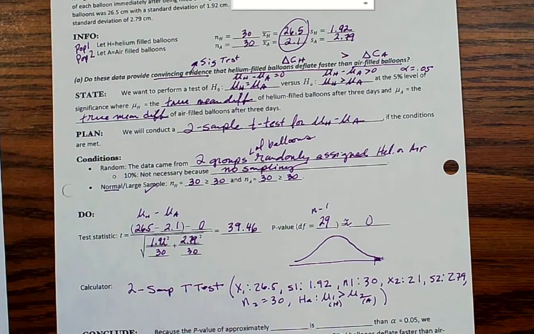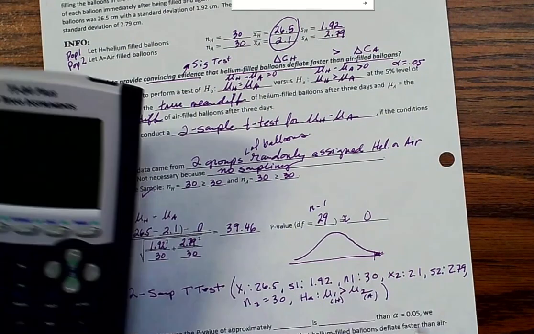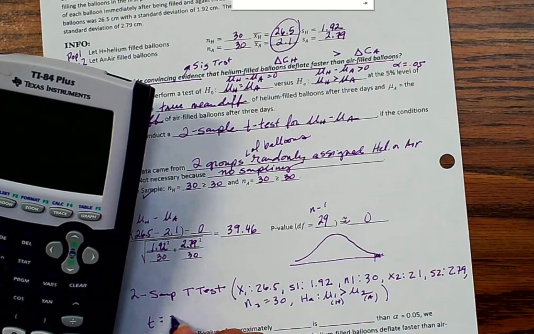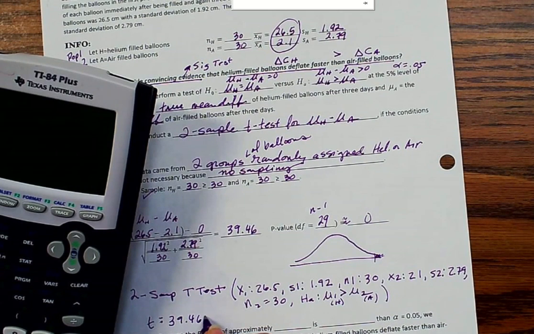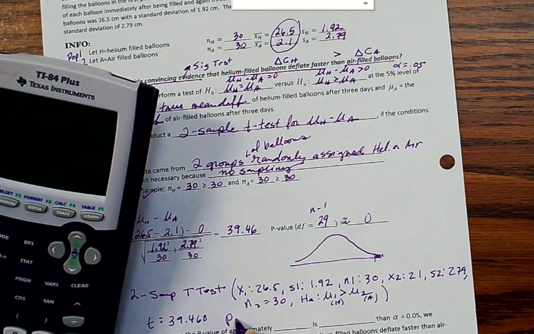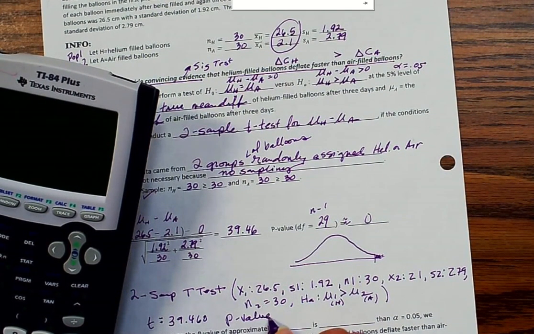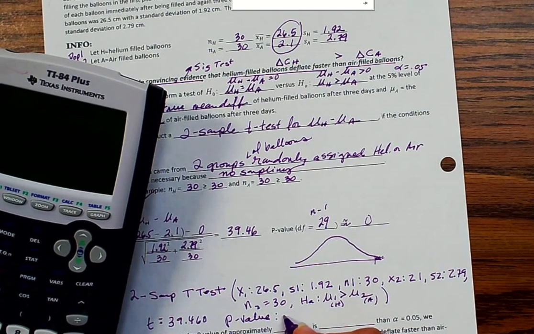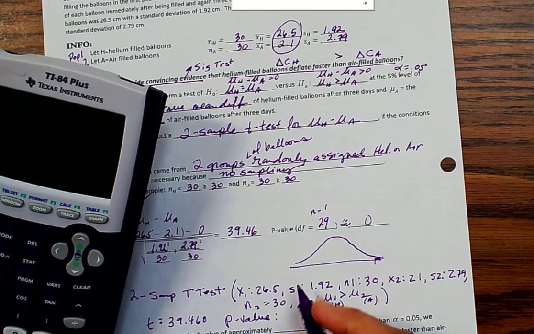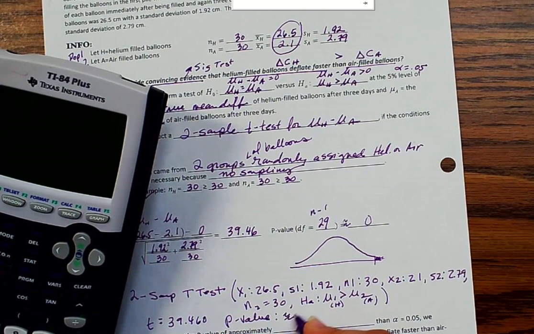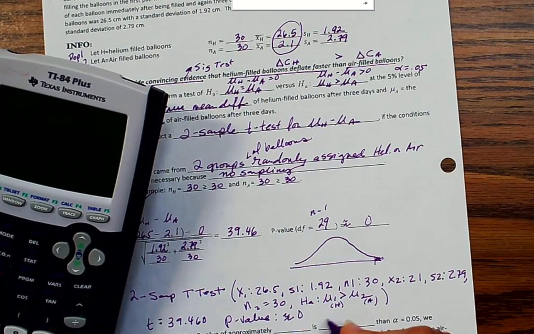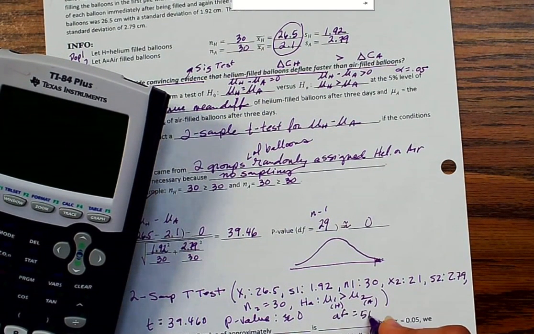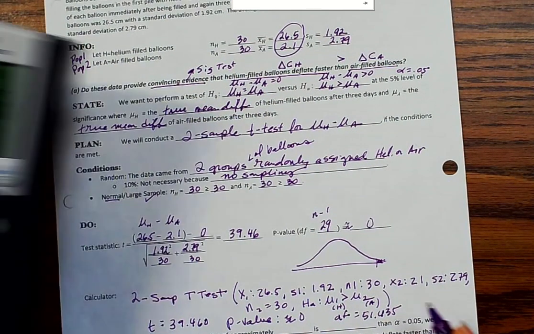The result of that 2-sample t-test is that we get a test statistic of 39.460 with a p-value of 1.98 times 10 to the negative 40, which is just too many zeros to even write. So that is approximately 0 with a degrees of freedom of 51.435.